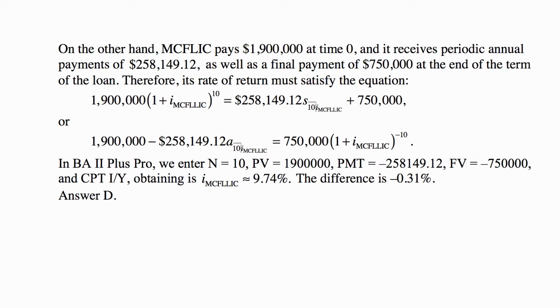With n equal to 10, present value of 1,900,000, payment of negative 258,149.12, and future value of negative 750,000, and then you push compute I/Y, obtaining the rate of return to be 9.74%. So the difference of the two is the difference of the two values that we just calculated, and it's equal to negative 0.31%.